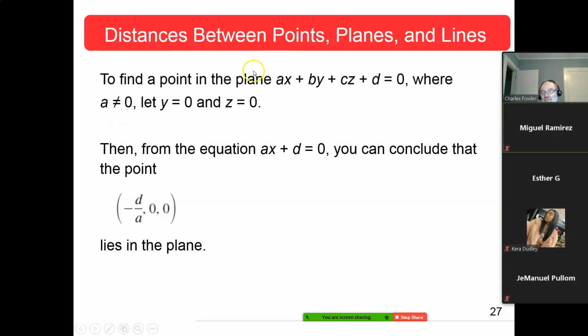Where a is not equal to 0, let y and z both be equal to 0. Then from the equation ax plus d is equal to 0, you can conclude that the point (minus d over a, 0, 0), which is what you get when you solve for x, lies in the plane.